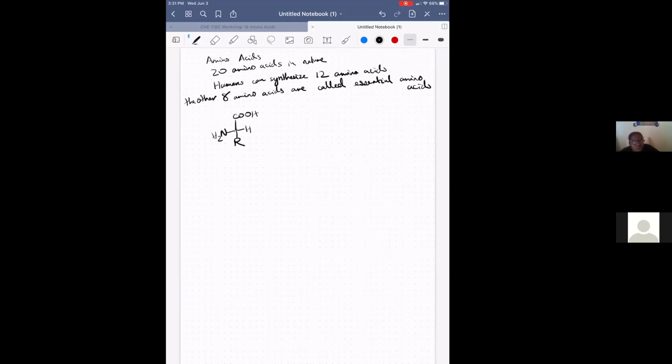Our amino acid can also exist as a Zwitter ion. If you think about just having a proton transfer, this is an equilibrium. We can have our deprotonated carboxylic species, and we can protonate our nitrogen. Now this nitrogen gets 3 hydrogens and a positive formal charge, and we still have our R group there, and this would be our Zwitter ion.